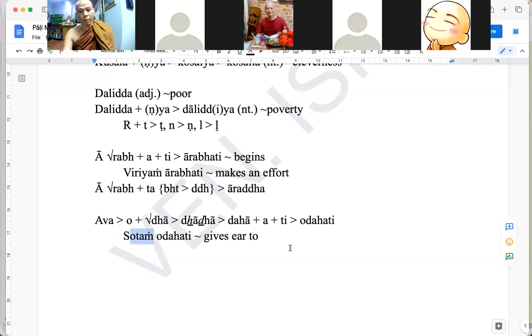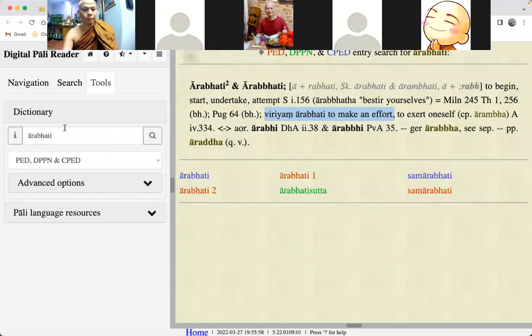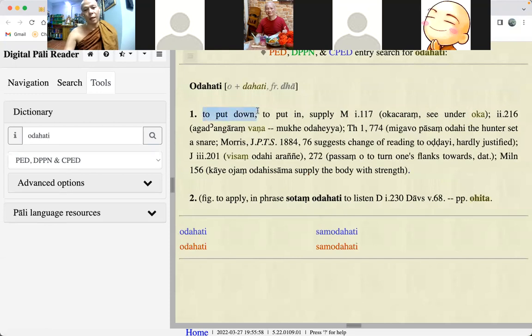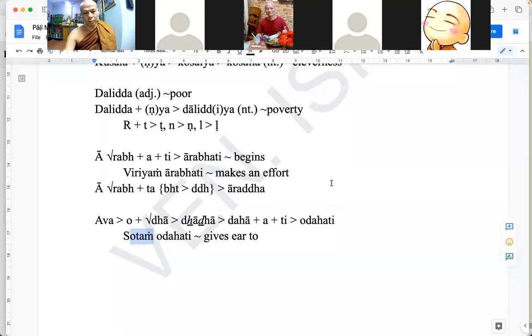Okay, let's see what it means in the dictionary: just put down, to put in or supply. But in the phrase sotam odahati it means to listen or to give ear to. So the literal meaning of odahati is just "put down".